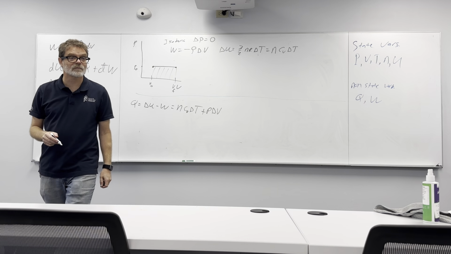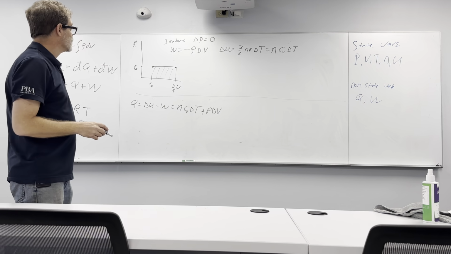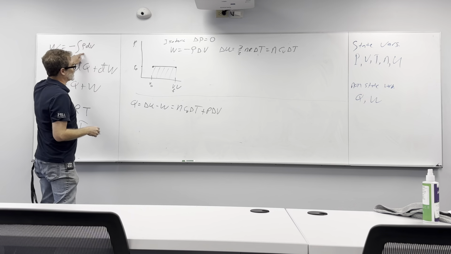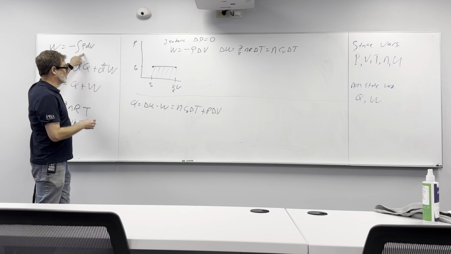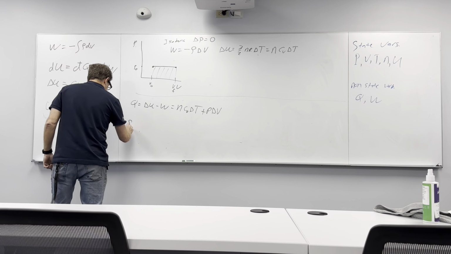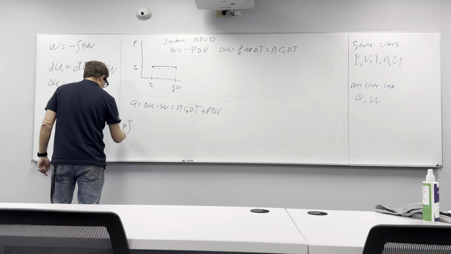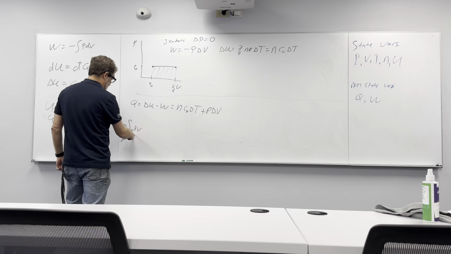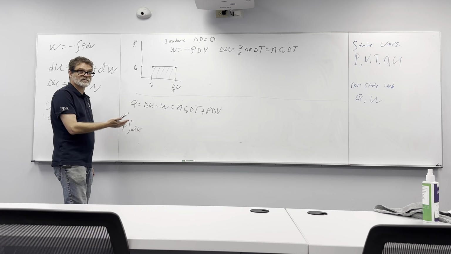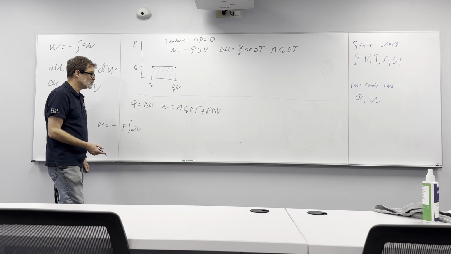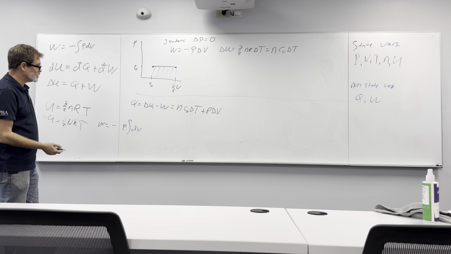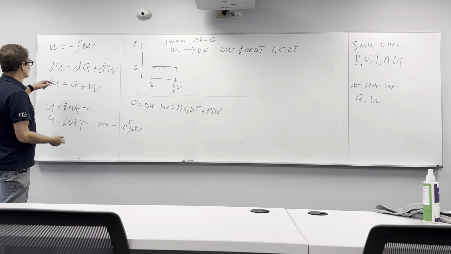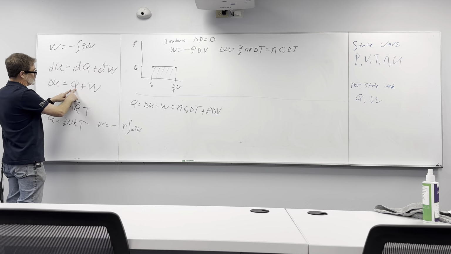What's minus the work? Minus a minus P delta V, or plus the P delta V. Is that an integral still? Well, if I integrate this, P is a constant, so I pull the P out. The integral of dV is just V final minus V initial. When I integrate dQ, I just get Q, the total heat.